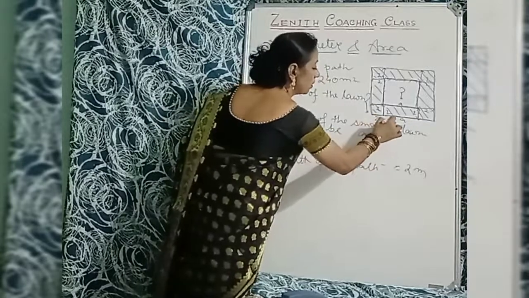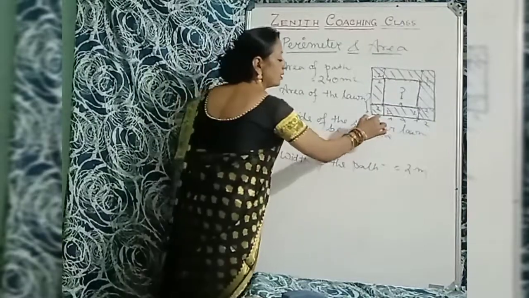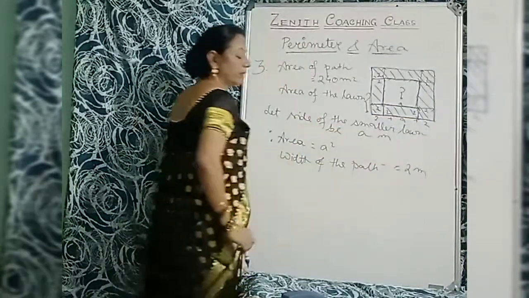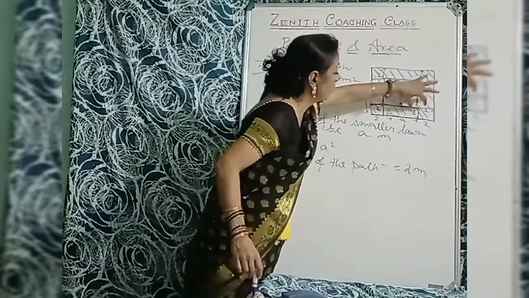Now here is 2 and here is 2. So the side of the bigger lawn is 2 plus a plus 2. Why? Listen. It is a, here it is also a, and on each end it is 2.